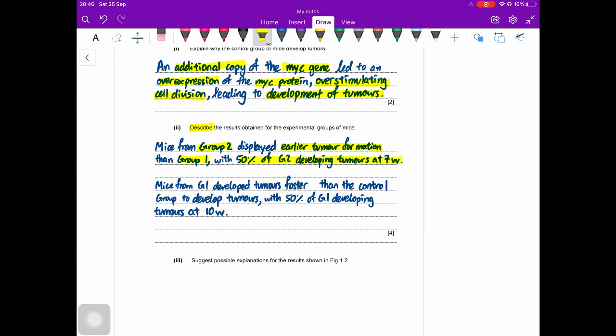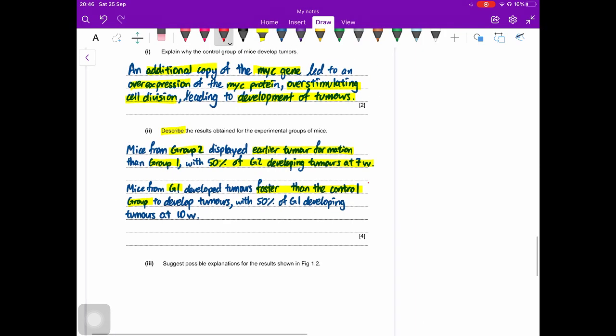Next, we talk about mice from group 1 develop tumors faster than the control group. There's no point in your second point to say that it developed tumors slower than group 2, because that is the exact same point you're making in your first one.